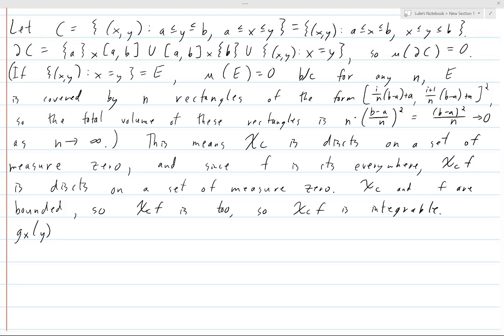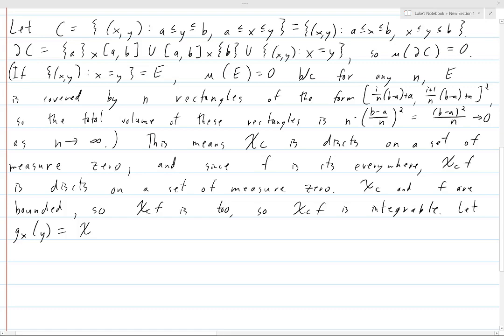So if you fix an x, let g(x,y) be basically chi_C times f evaluated at (x,y), where x is fixed. So it's going to be a function only of y. If x is fixed, then we have this indicator function.